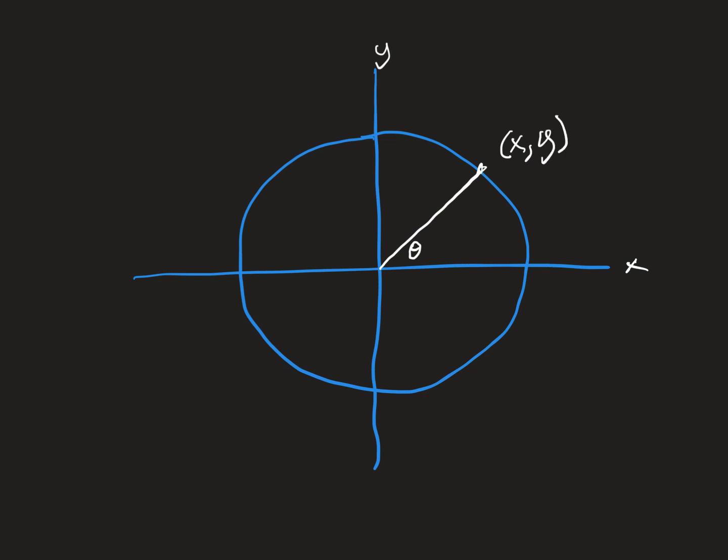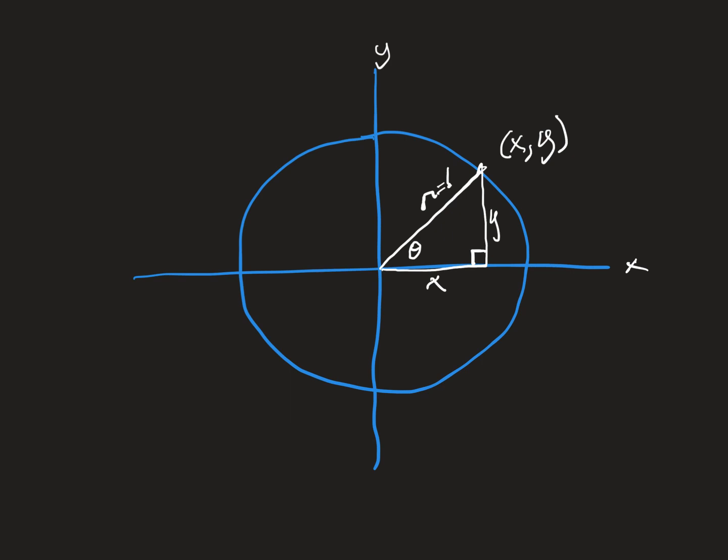Well, now how do I get to that XY? If I knew what that coordinate was, I go out X units and then I go up Y units like that. And that, of course, is going to make a right triangle. Now, once you have this shape, the hypotenuse of this right triangle is always going to be the radius of the circle, and since this is a unit circle, that hypotenuse is always going to be 1.